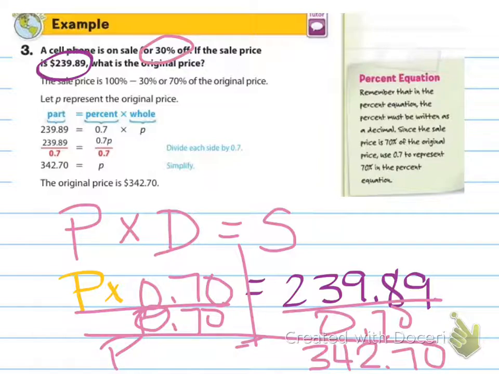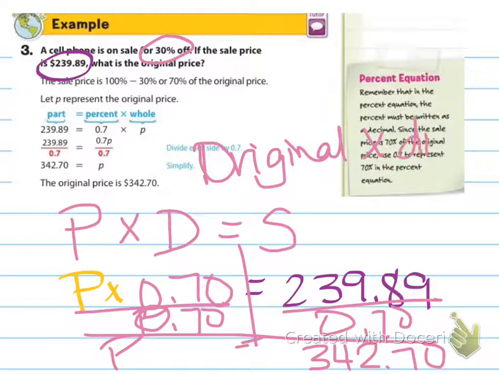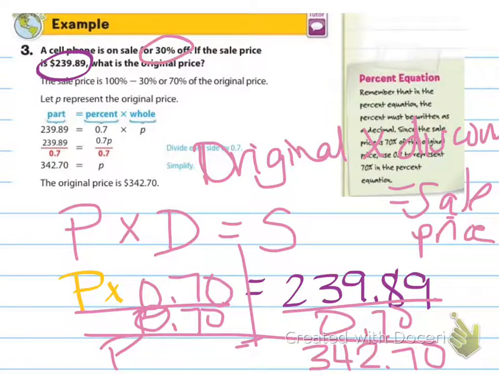The whole point of a sale is that you're saving money. So if you want to write out the words: the original price times the discount equals the sale price. I know I made that really sloppy, but there you go.